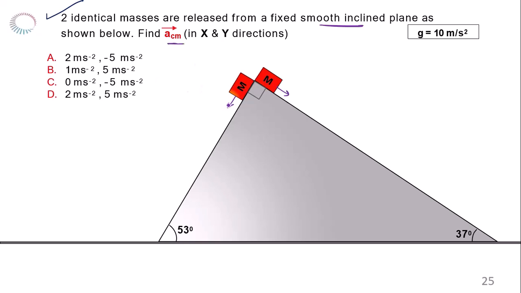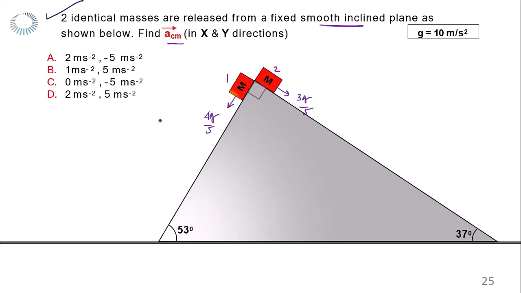Here the answer should be g sin 53, which is 4g by 5, and here the expression is g sin 37, which is 3g by 5. Why? Because the surface is fixed. So individually, block 1 and block 2 have different accelerations.